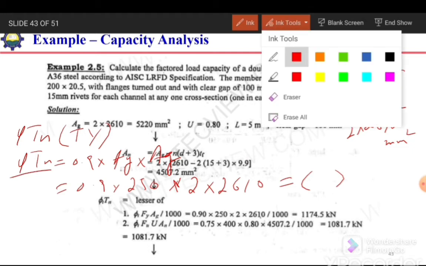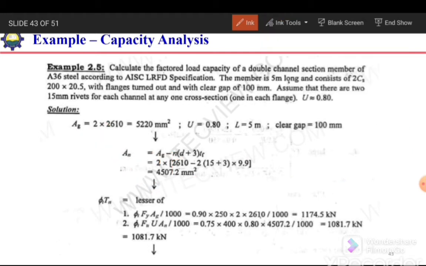Similarly, we can calculate the phi Tn corresponding to rupture. Here we have calculated for yielding 0.9 times 250 times 2610, and for rupture it is phi, Fu, U and An. So for this we need net area. Obviously we have 2 rivets or 2 bolts in the flange of each channel section.